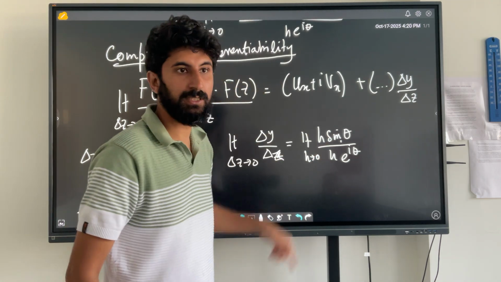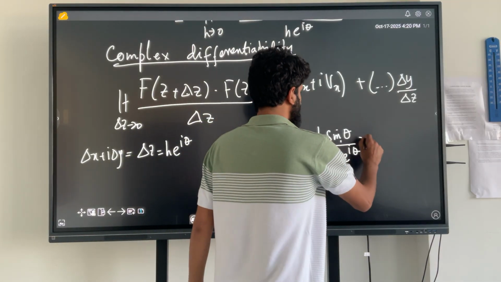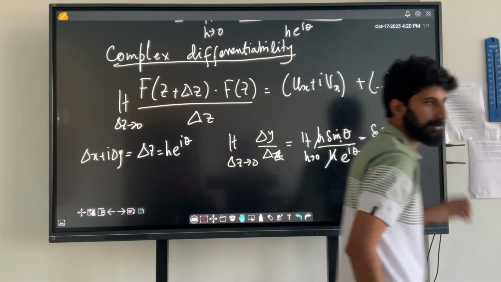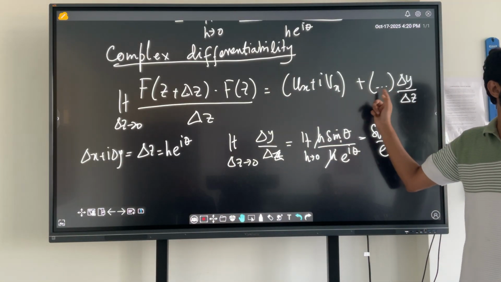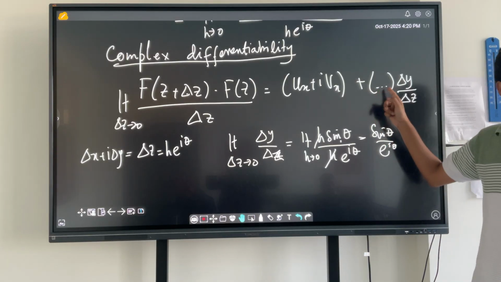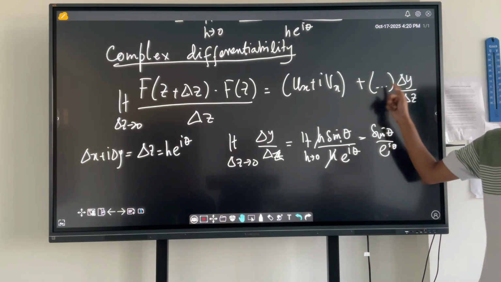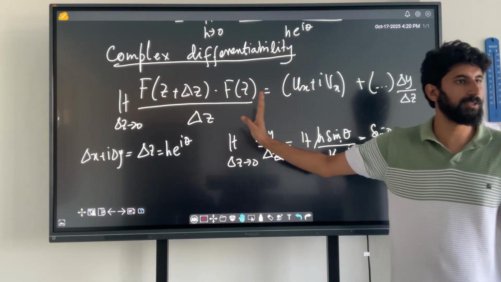Is it independent of theta? No. Because h will cancel, it will be sin theta by e^{i theta}. There is no way this will disappear. That's why we wanted this to go away, and that gave us Cauchy-Riemann. Because if this thing is there, then for sure your function is not complex differentiable.